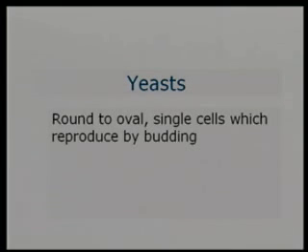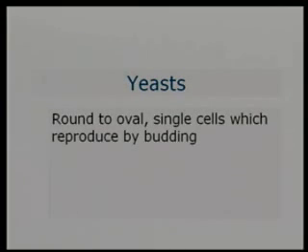Now, you remember the iceberg picture? Well, we're just going to talk about the tip of the iceberg with respect to yeast. We're just going to talk about the two most common, but there are a lot of species of yeast that cause disease. The yeasts are oval and single budding, single cells, and they reproduce by budding.